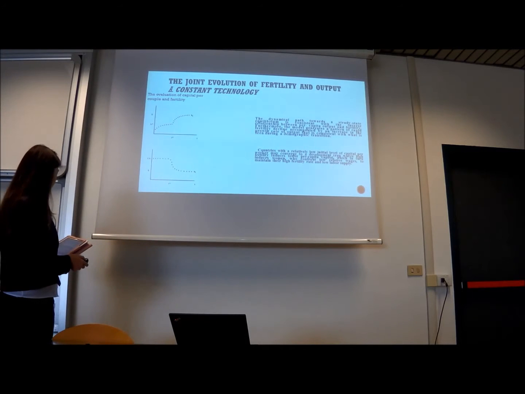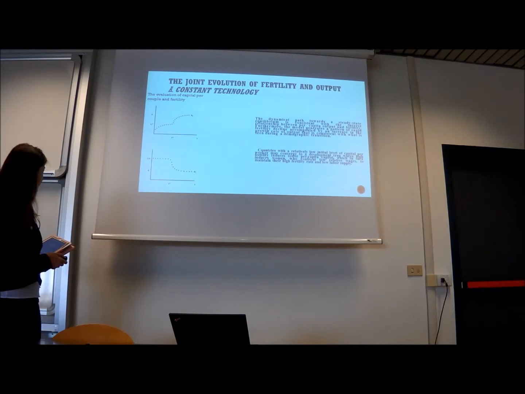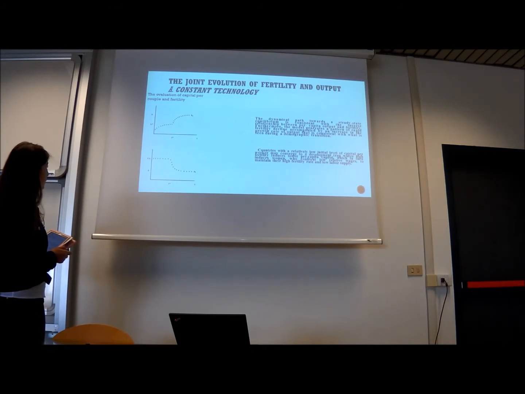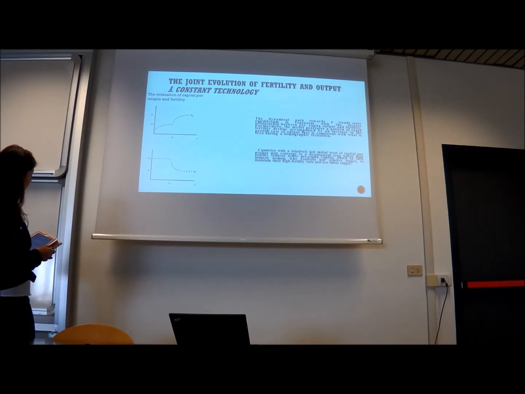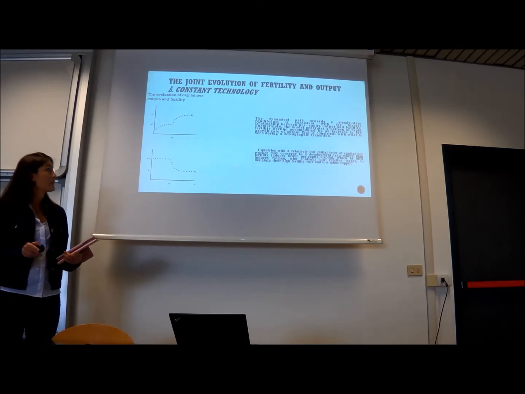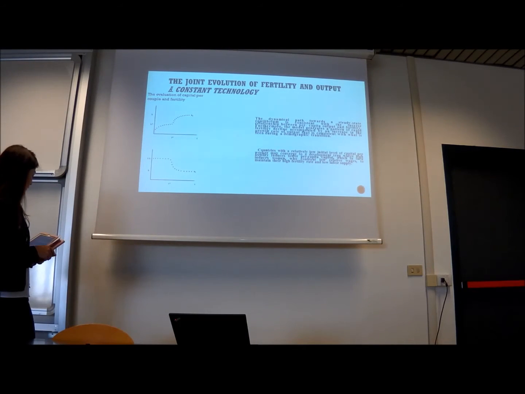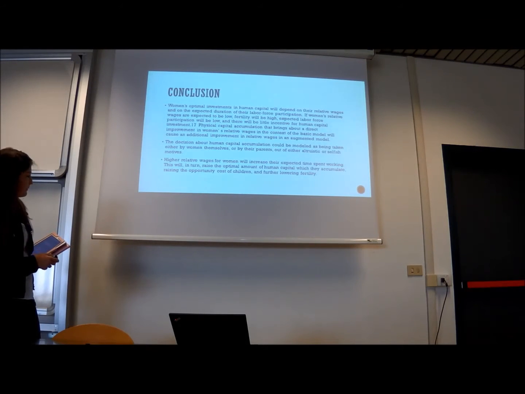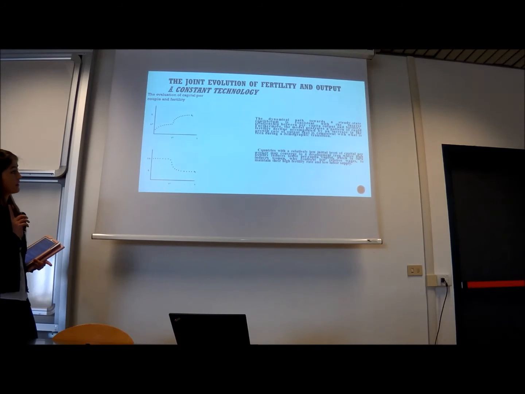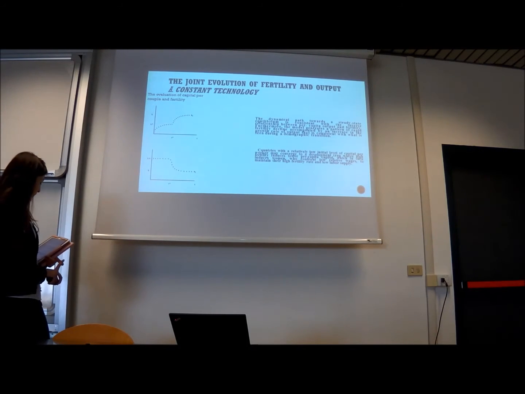The two steady states differ in their level of female labor force participation. Women spend all of their time raising children in the lower steady state, while in the higher steady state they work part-time and raise children part-time.